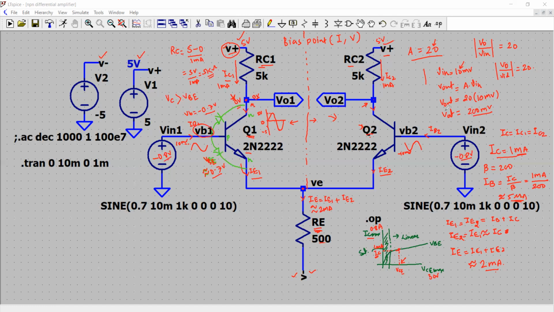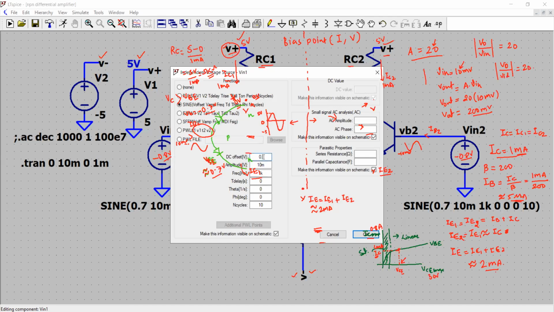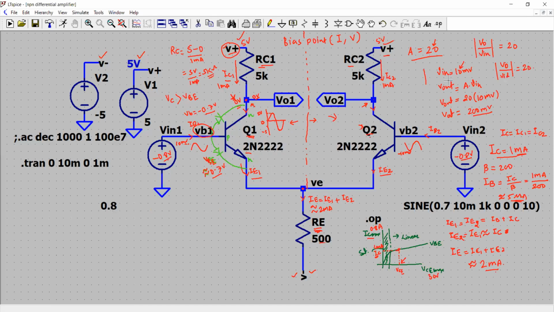See how I'm setting the voltages right here. So what I'm going to do, I will right click and let us set it to DC bias level, or I have to choose the DC voltage source initially. So DC value is 0.8 volts, and let me move it closer to the voltage source. That's much better.